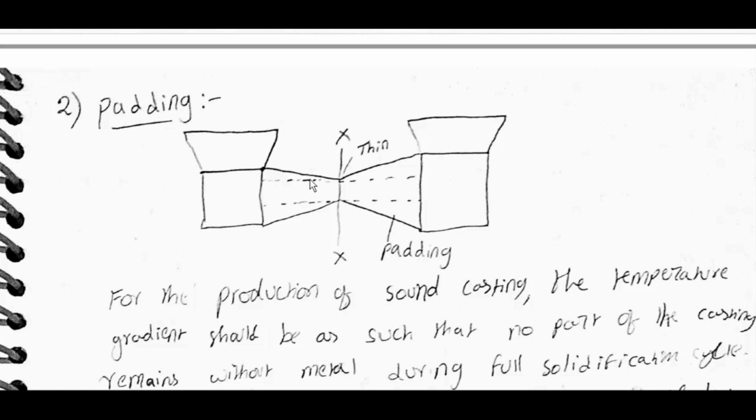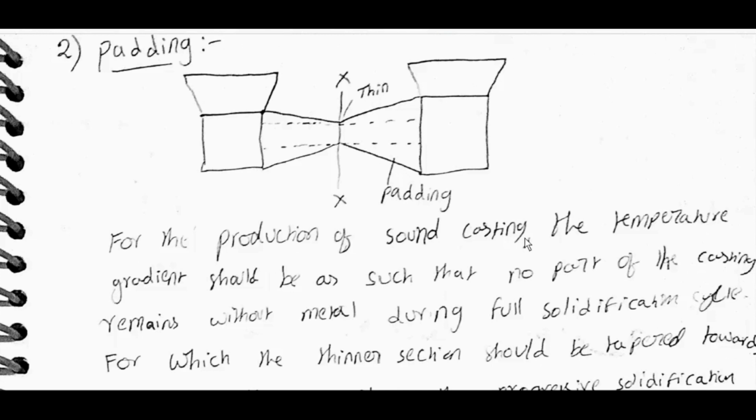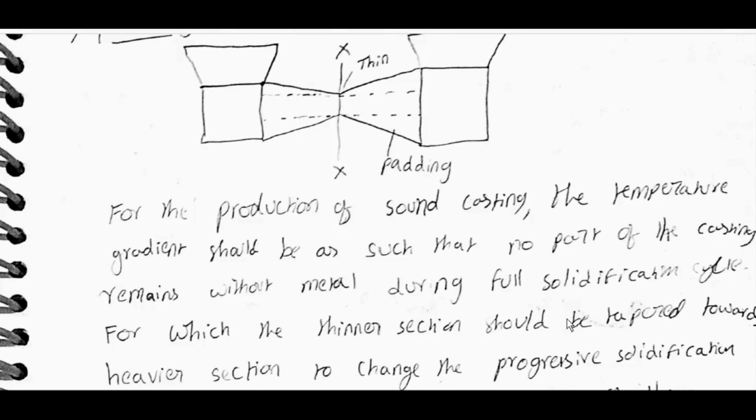Padding, thinner padding for production of sound casting. The temperature gradient should be such that no part of casting remains without metal during full solidification cycle, for which the thinner section should be tapered.